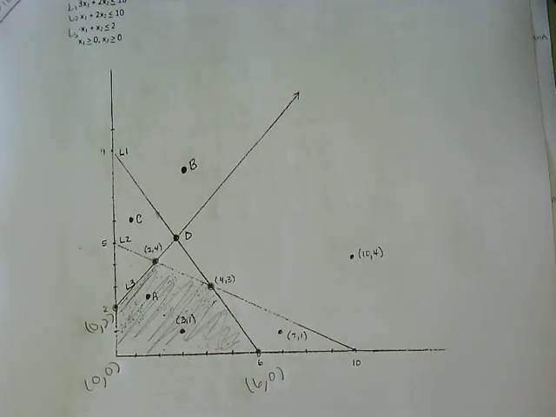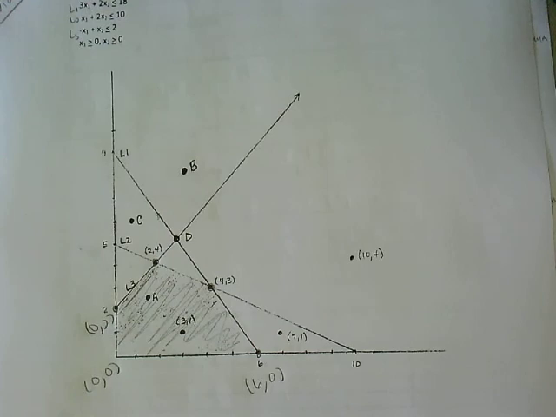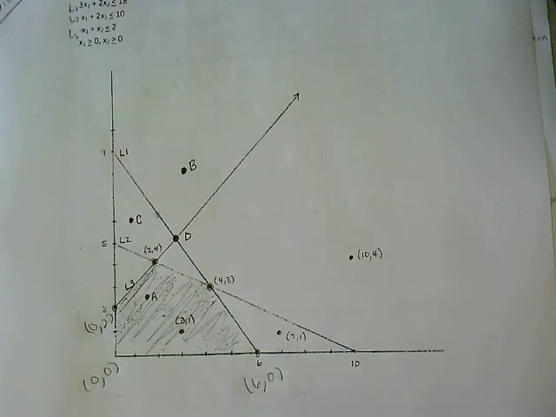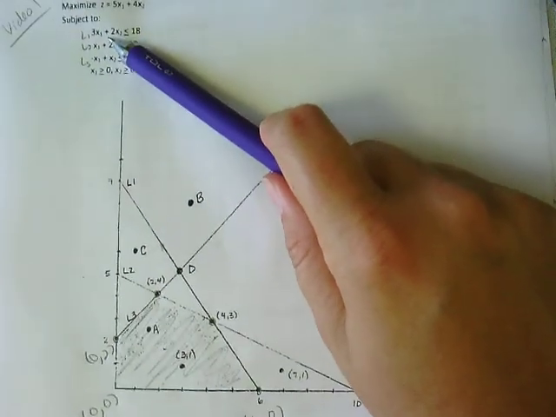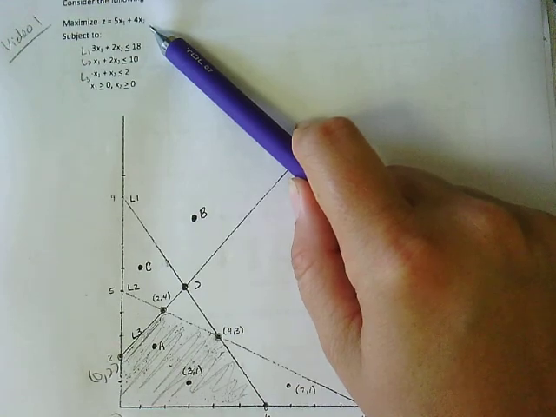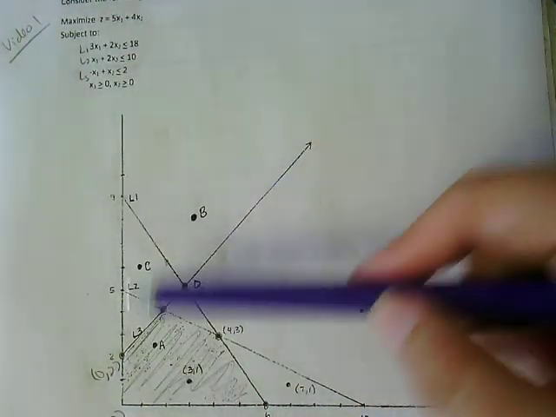Okay, if I wanted to solve this problem just by graphing, like you guys have been doing, I would plug each of these corner points into my maximization function, Z equals up here 5x1 plus 4x2, and I could do it that way.